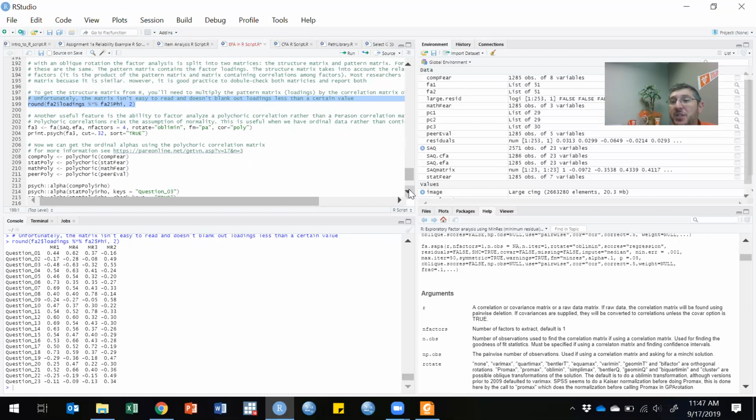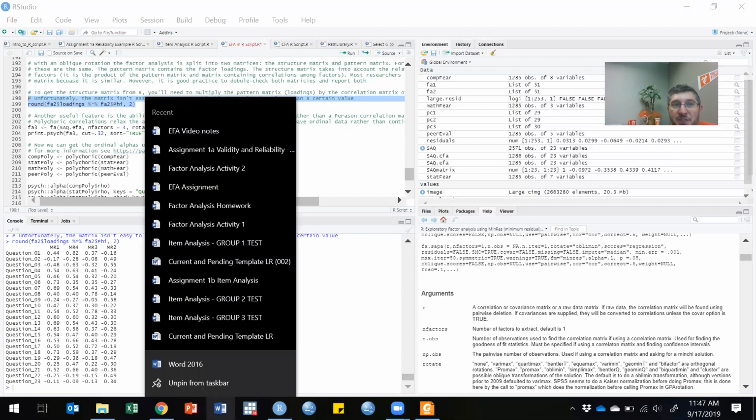The final thing I wanted to show you on here is a really useful feature when you have ordinal data like we do in this instance. Remember these scales, remember we had Likert scales.